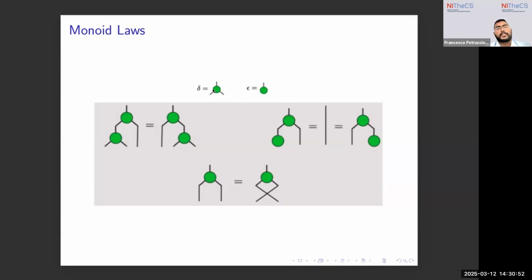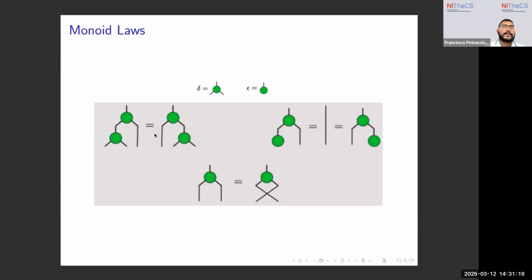So that's what I've represented by delta here. So delta shown on the top here goes from an element, so you can call it A tensor A, and the output is A. And we also have this epsilon here, which is just a state, and it needs to satisfy some natural laws that we'd expect when we are thinking about deleting states.